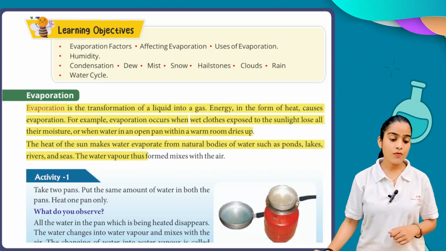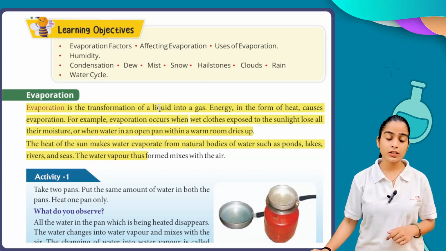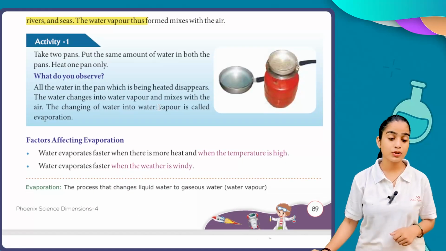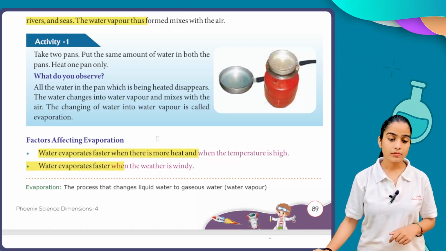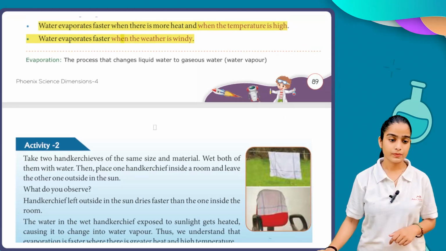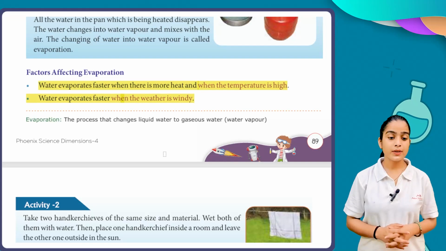Now, factors affecting evaporation. What are the factors that affect our evaporation process? Water evaporates faster when there is more heat and when the temperature is high.